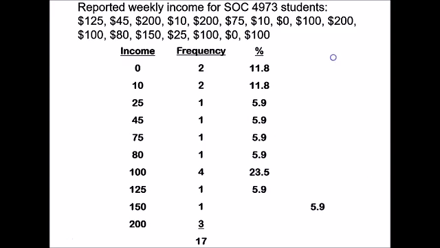We calculate the proportion making a given amount. We find that if we look at $100 and above, roughly 35 and then 17, a little over half made $100 at least.